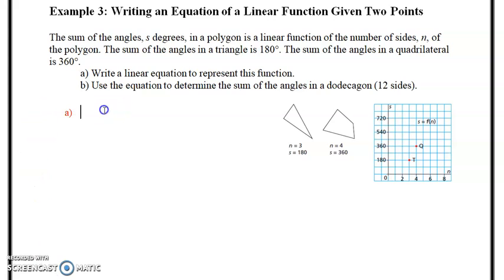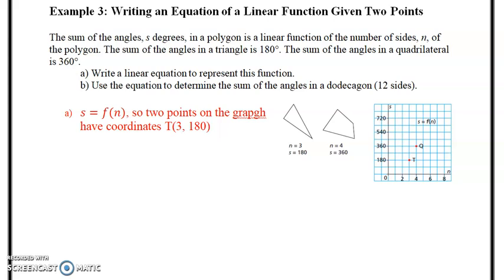So what do we know here? We know that s is going to be a function of the number of sides, n. So two points on the graph have coordinates, we'll go with t for the triangle, and that would be given by (3, 180).